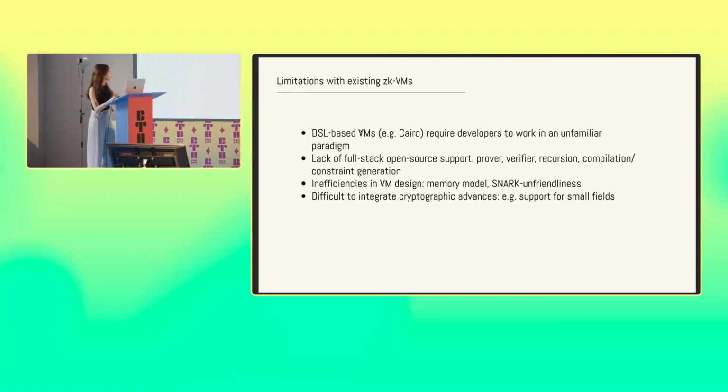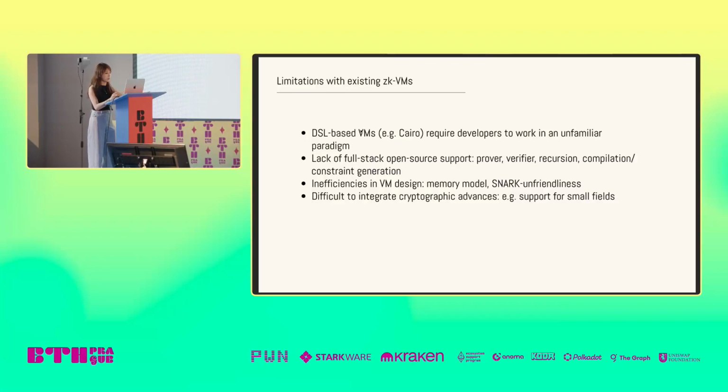Here we listed some limitations of existing ZKVMs. Just a few. For example, Cairo requires developers to work in an unfamiliar language model. Second, none of these other ZKVMs are fully open source. I think right now SP1 is open source, but most of the VMs are partially closed source.